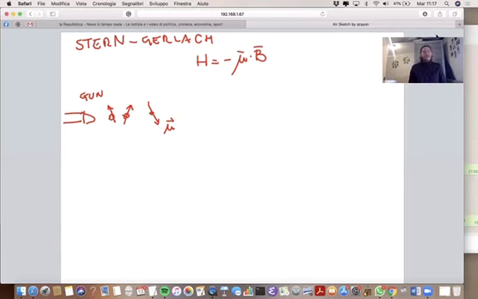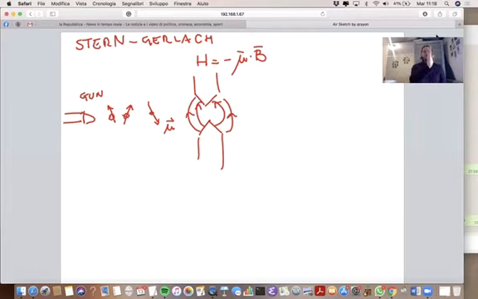So you have a gun emitting particles with a magnetic moment. And then you have this beam of particles passing through a device which generates an inhomogeneous magnetic field. Now, the details of why you need an inhomogeneous magnetic field and what this magnetic field should actually look like are irrelevant for our discussion. The only thing that is relevant is that you can orient this device at different angles.